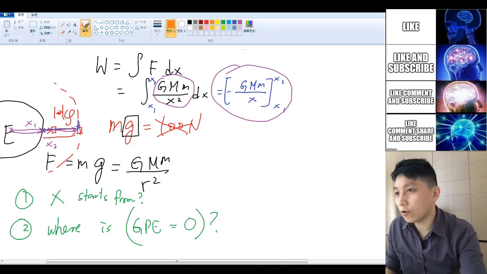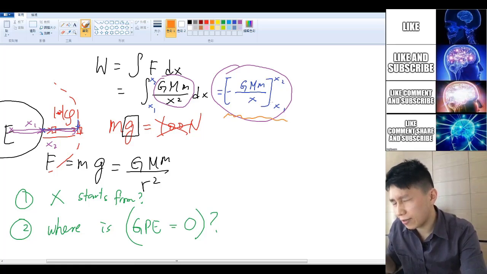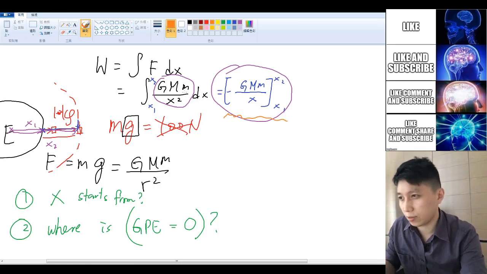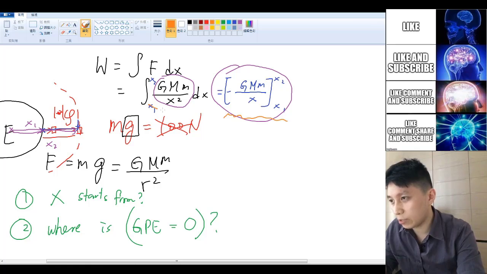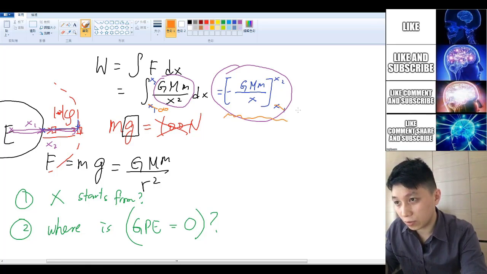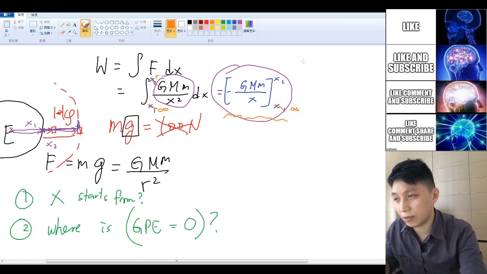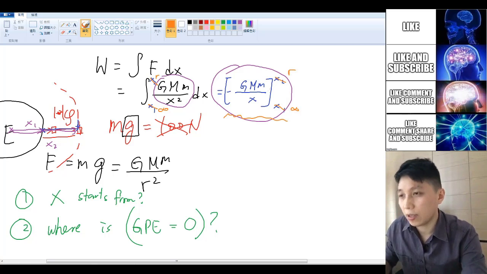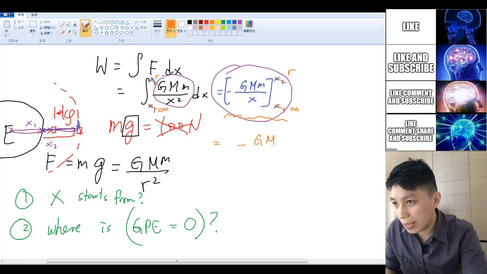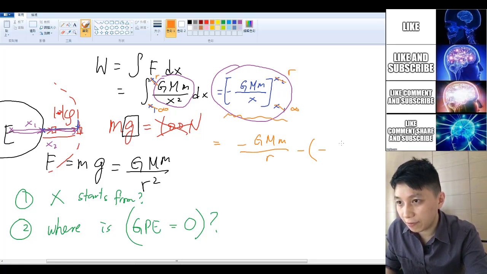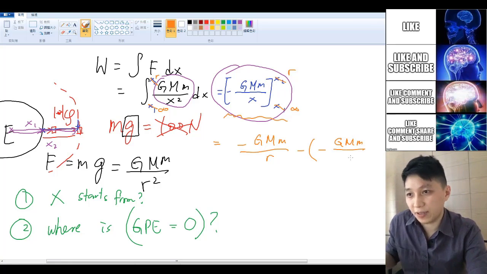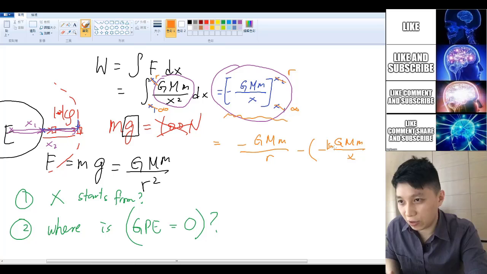As a result, if you go back and visit this equation again, and if you change x2 and x1 into, say, x1 was infinity, because it originated from infinity, and then x2 is a particular position, let's say R, then what we get is going to be negative GMm over R minus the negative GMm over infinity, but I can't write infinity, I guess, according to math teacher.